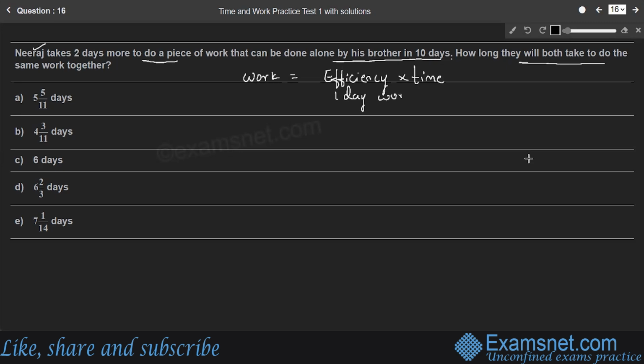In a day, the amount of work done by a particular person is called efficiency, right? Here Neeraj takes 2 days more to do a piece of work. Let the work be W. We'll consider Neeraj as person A and his brother as person B. So what is the time taken by his brother?